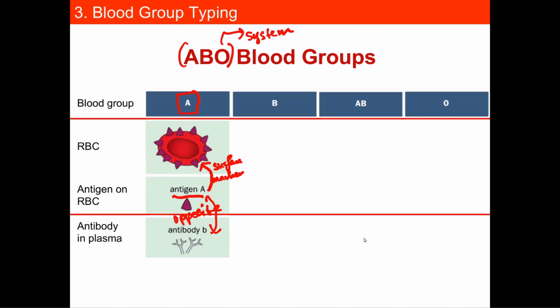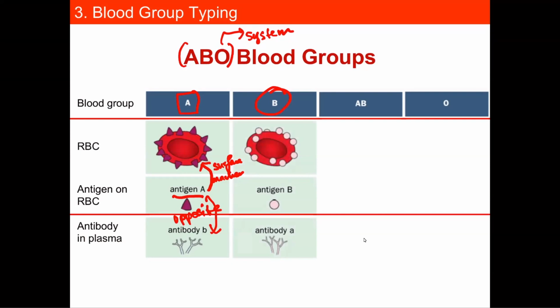So if we know that on the red blood cell for blood group A we have antigen A, that would mean on the red blood cell of blood group B, on the other hand, we are going to have, you have guessed it, antigen B instead.